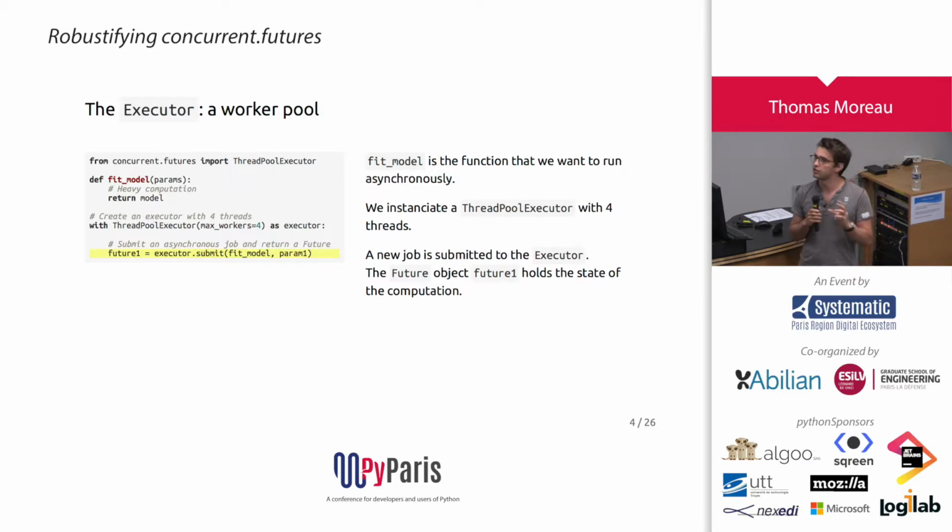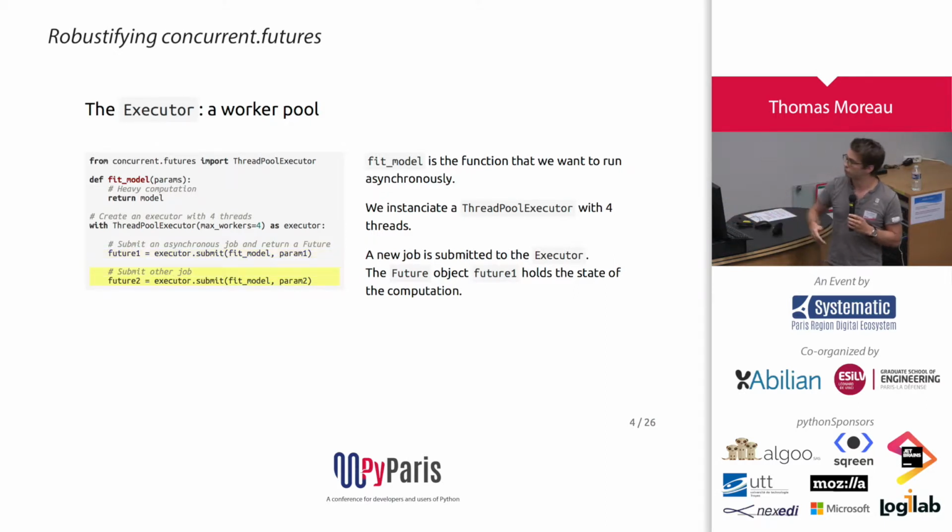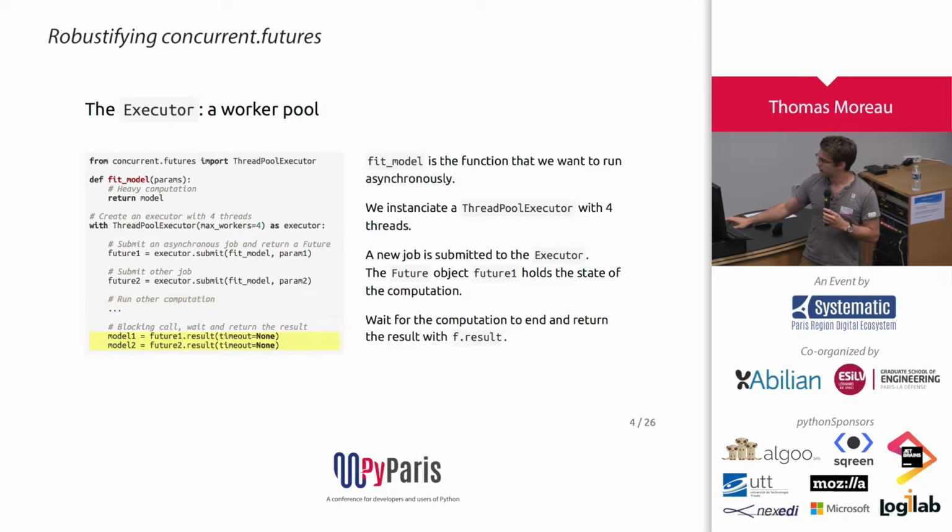This future object will hold the state of your computation, and you will be able to query it to know when the computation is done. After that, you can asynchronously submit other jobs, for instance a second future with a second set of parameters with the same function, or run other computation in your main program. And while you're doing that, the first fit_models with parameter 1 is already running in the first thread.